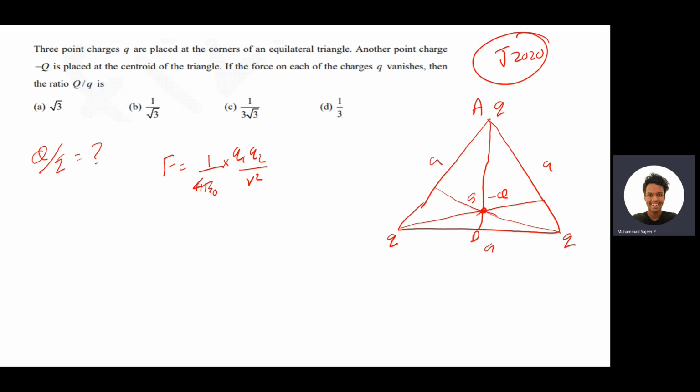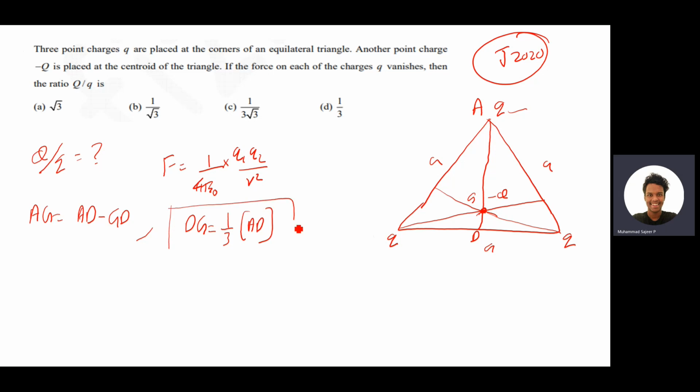If you want to find the force from minus Q on the charge Q at point A, we want to know the distance first. So we want to find what AG is first. AG is basically AD minus GD. Now we want to know what GD is. For any equilateral triangle, DG will be 1 by 3 of the total length.